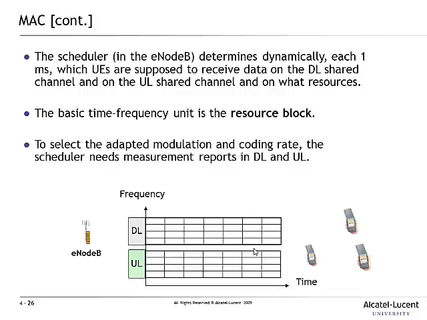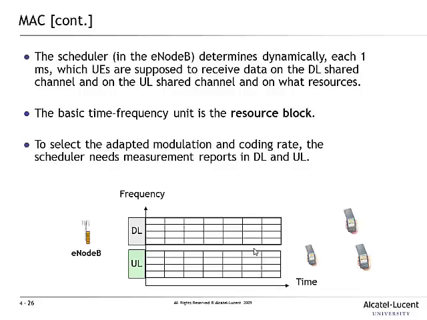Now the other thing that the MAC layer also performs is that, based on some feedback that it receives, it changes the modulation and coding scheme, and this is referred to as link adaptation, and we briefly mentioned it before.